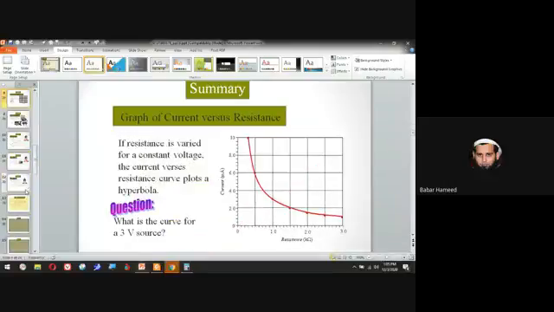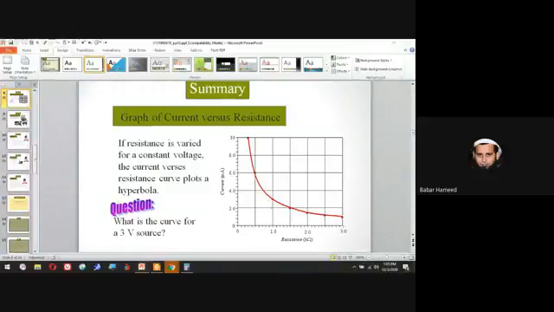As resistance is increasing, current is decreasing. Here you can see. When the resistance is reduced, the current goes up, as on the left side. When the resistance is increased, current goes down, as on the right side of the graph.